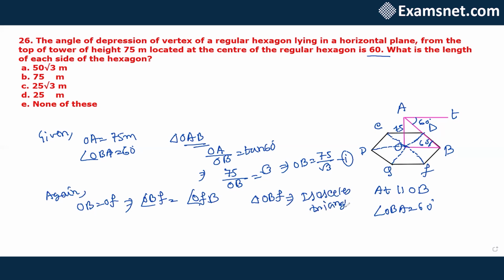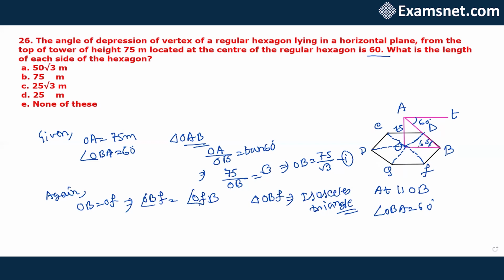Now, since we are given that this is a regular hexagon, one more property you have to remember: for a regular hexagon, all the sides are equal, and the total angle at the center is 360 degree.